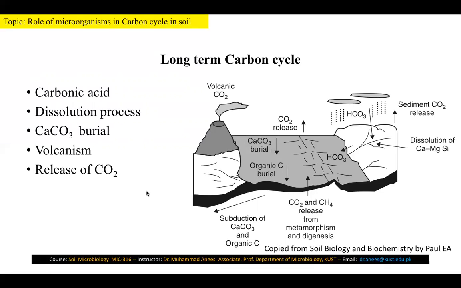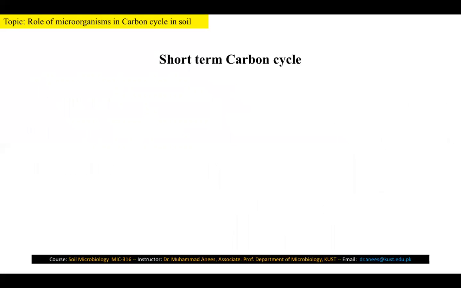This carbon is then returned back to the atmosphere through volcanism. But this process takes place over a very long time. That's why this cycle is called the long-term carbon cycle. Now next is the short-term carbon cycle.